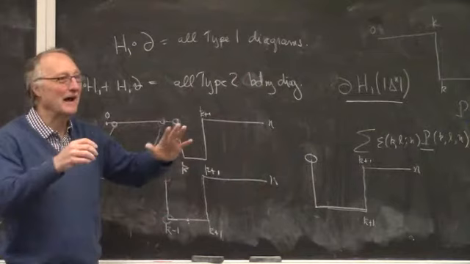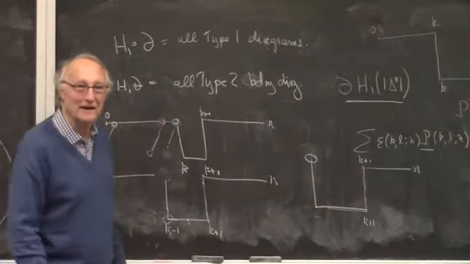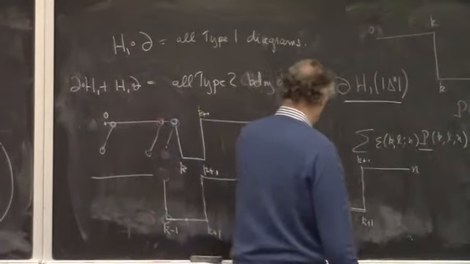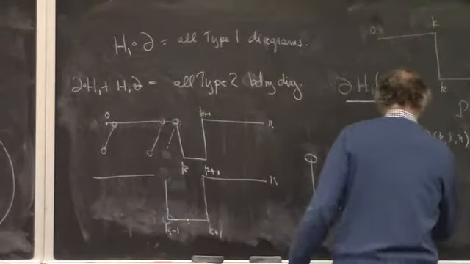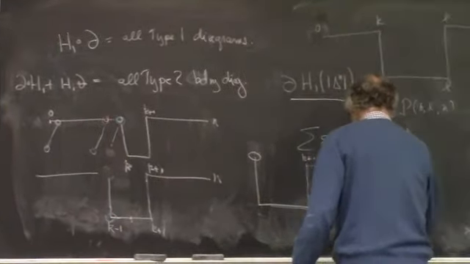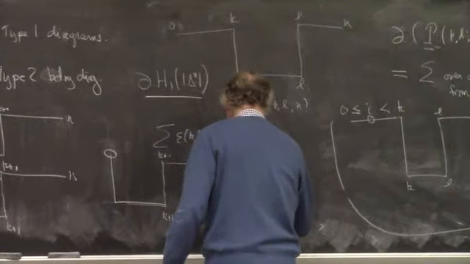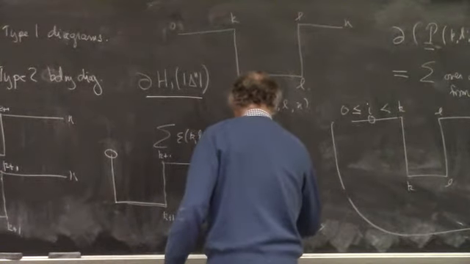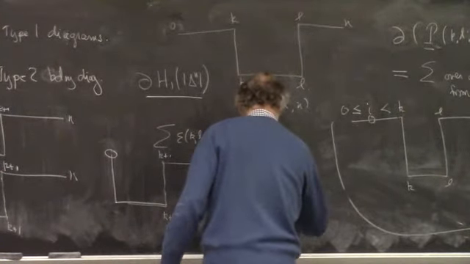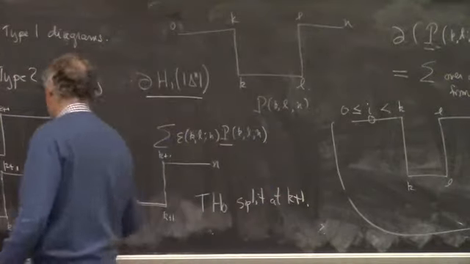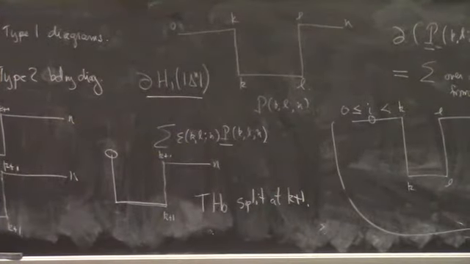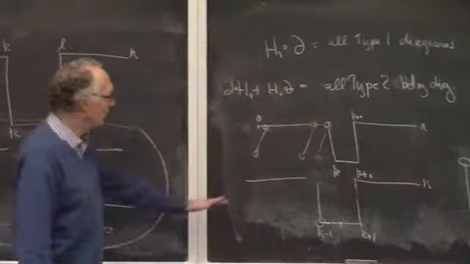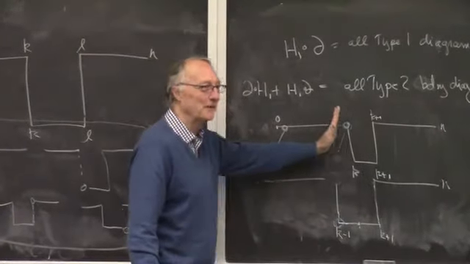Now, I haven't sorted out the signs, but we're not worrying about signs. Okay, so this produces a T of H0 split at k plus 1. That's the remaining term when you do this telescoping to the left.